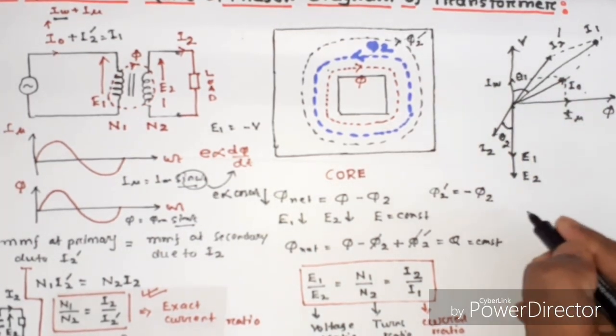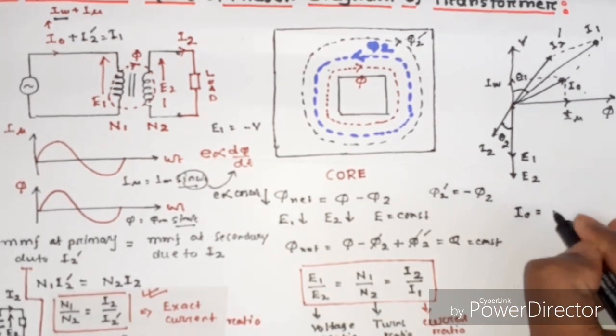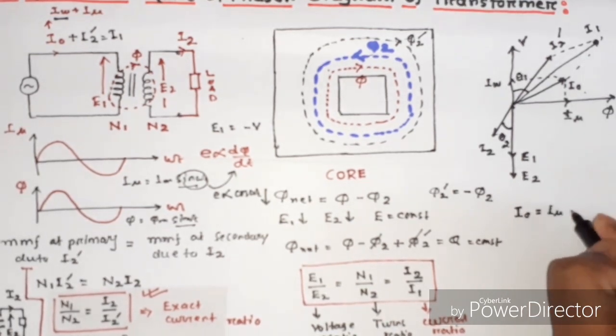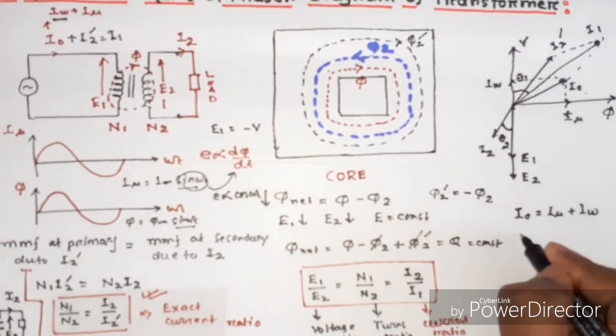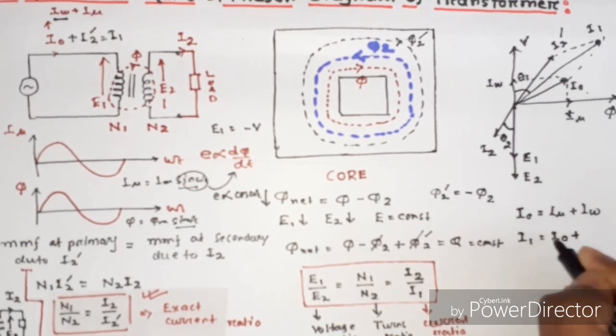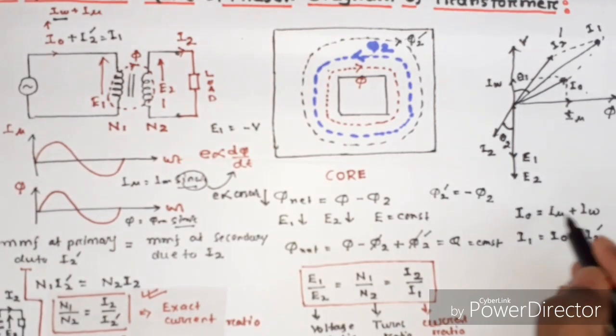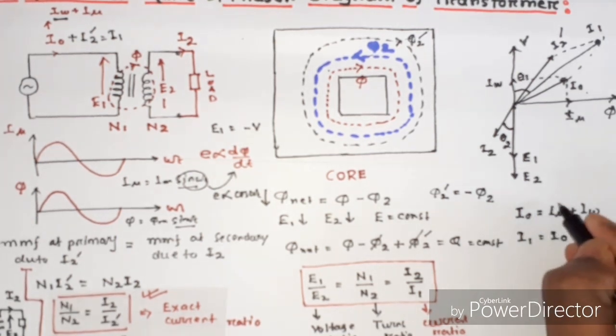Here one point is clear. The no load current I0 is the magnetizing current I mu plus the working current IW, and the primary current I1 is the sum of the no load current I0 plus I2 dash. This relation is not an arithmetic relation. Here we make mistakes in numericals in the exam. Generally we think, suppose this is 2 ampere and this is 1 ampere, then 2 plus 1, 3 ampere.